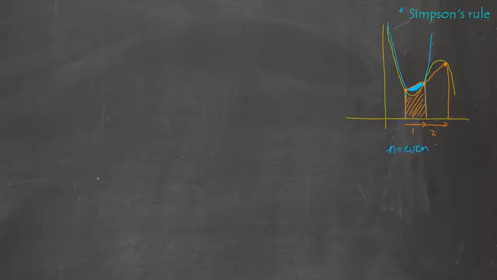With the trapezoid rule, you can have an odd number of subintervals, but for Simpson's rule, you have to have an even number of subintervals. But still, each interval has to be equal in length. So for Simpson's rule, we're still looking at interval widths that are equal.